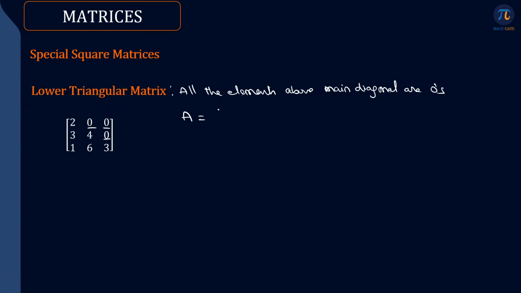If you want, you can mathematically also simply say it is a_ij, where a_ij is equal to 0 when, see, here it is 1 2, and it is 1 3, and it is 3 2. I am very sorry, I will repeat it. So this is first row second column, first row third column, third row second column. That is when i is less than j, then a_ij is 0. That is about lower triangular matrix.